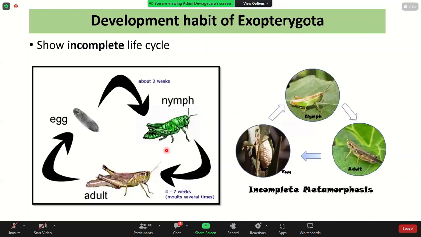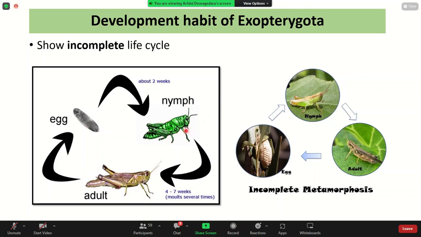So when we talk about the incomplete life cycle, in class insecta, almost all the insects develop from eggs. Whether they are exo or endopterygotes, they generally develop from eggs. So the first stage in all is eggs. In the incomplete life cycle, in exopterygotes, the one that comes out from the egg is called the nymph.